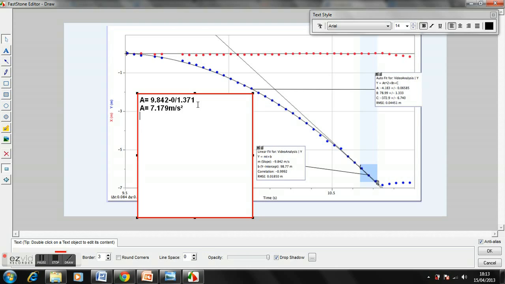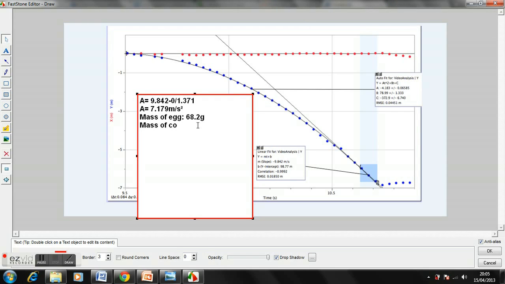Now that I found the acceleration, I have to add the mass of the Eggbert container with the egg inside it to find the force. So the egg weighed about 68.2 grams, and then the container weighed about 165.15 grams.